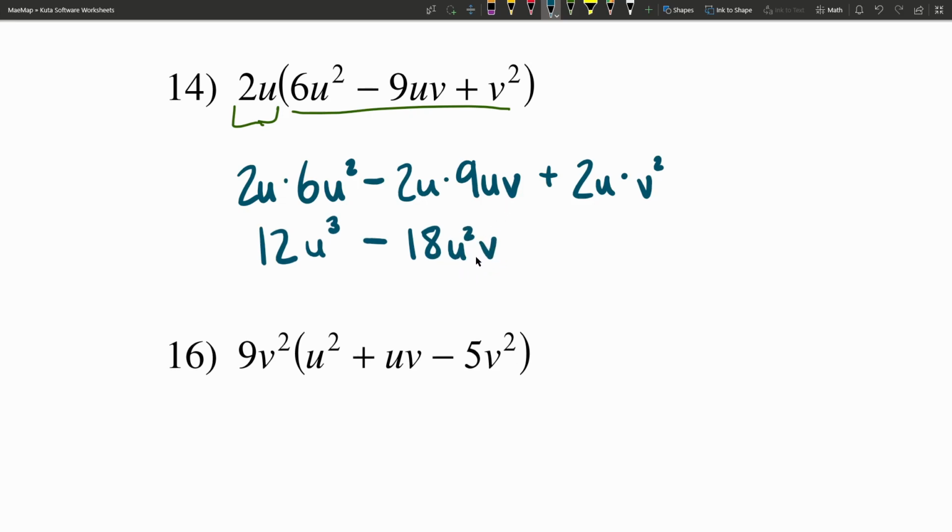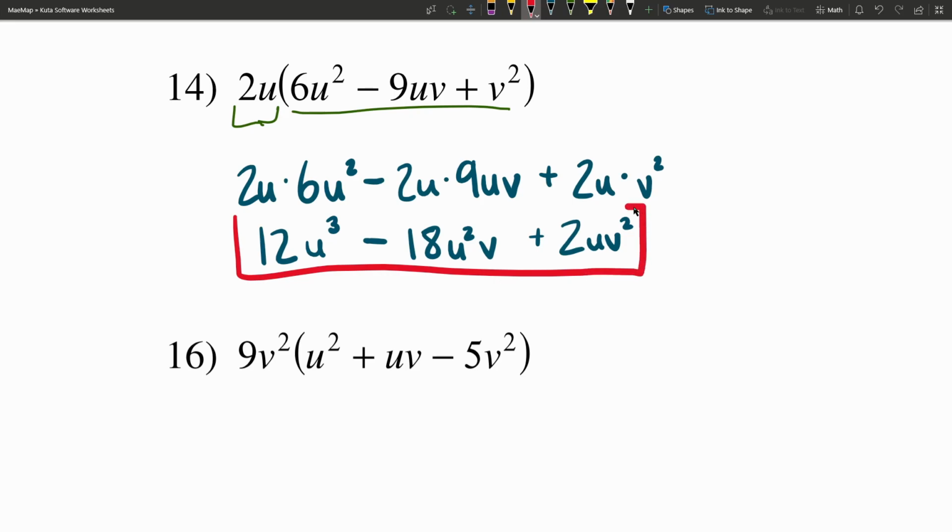So 18u squared v is multiplying out 2u times 9uv. Then we'll add that to 2u times v squared. None of those terms can be combined together, so it just stays as 2uv squared. So that's our solution for number 14. 12u cubed minus 18u squared v plus 2uv squared.